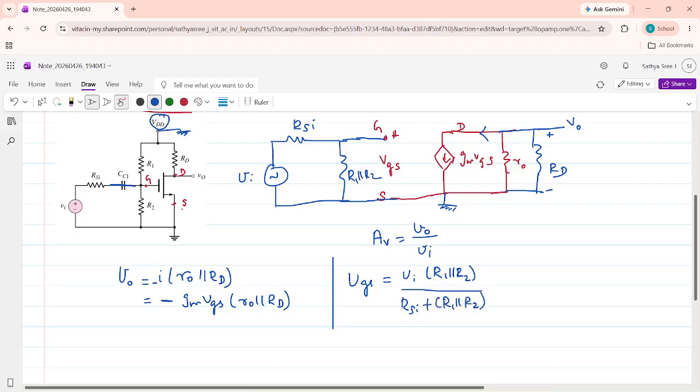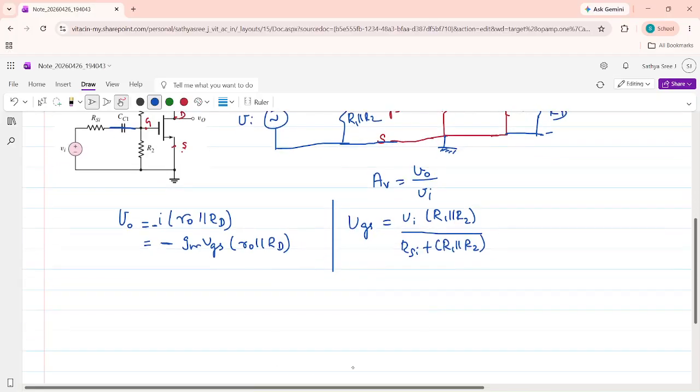This is VGS. From this we can derive what Vi is. Vi is VGS multiplied by this component divided by R1 parallel R2. So what is AV? AV is equal to V naught by Vi. V naught is minus GM VGS R naught parallel RD divided by Vi.